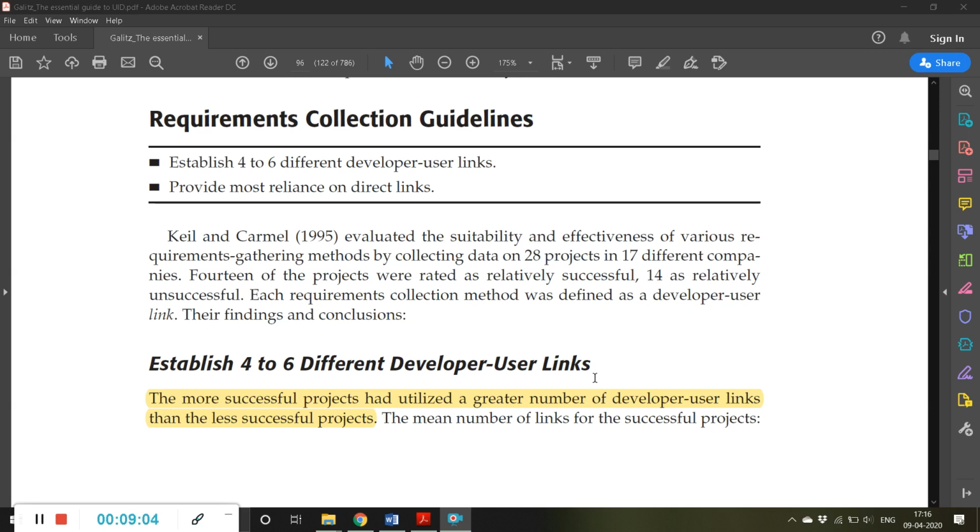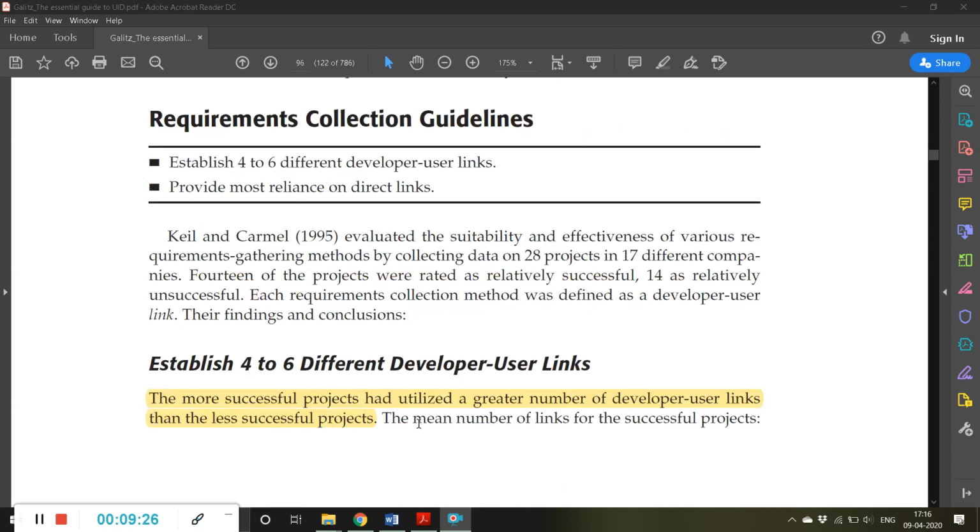Like that you try to collect the requirements through various developer-user links. Okay, the more successful projects had utilized a greater number of developer-user links. That is, they have utilized more requirement collection methods.